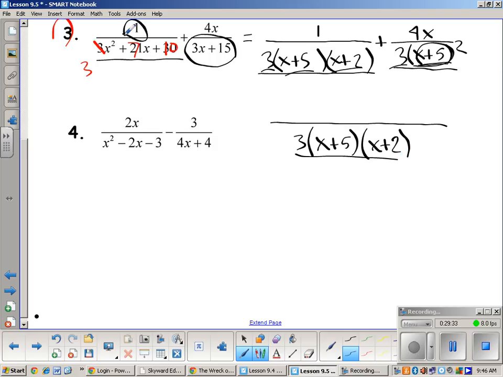And so we just have a 1 plus, and then the second one, what's missing in this denominator that I have down here? X plus 2. So that 4x has to be multiplied by x plus 2. And so if I clean that up a little bit on top, I get 4x squared plus 8x.